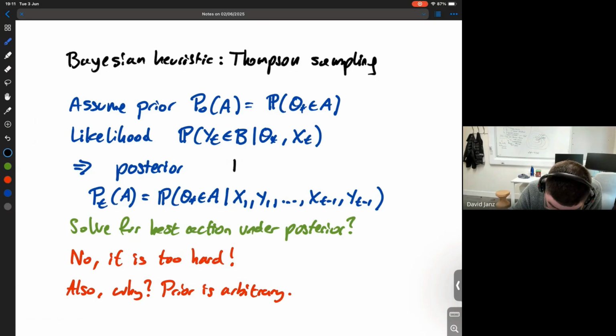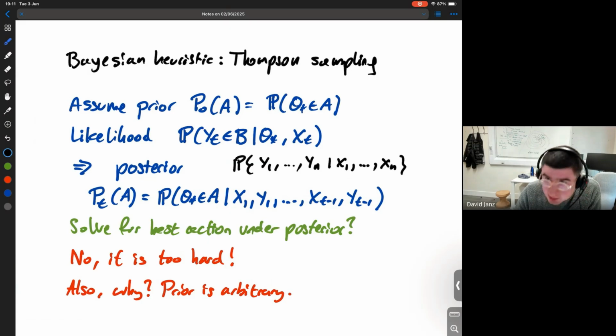So we could just write down the expression for the probability of y1 through yn given x1 through xn, integrating out theta star. And then we could maximize the expectation of the sum of these y's with respect to this as a function of the actions.